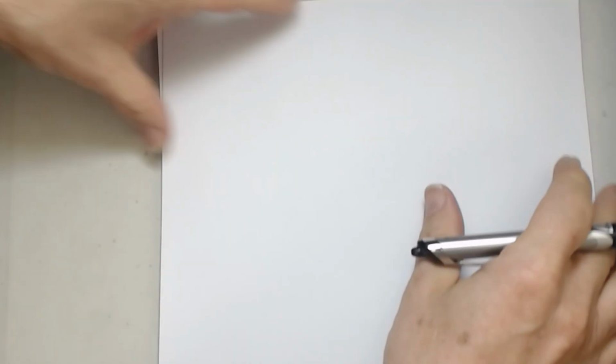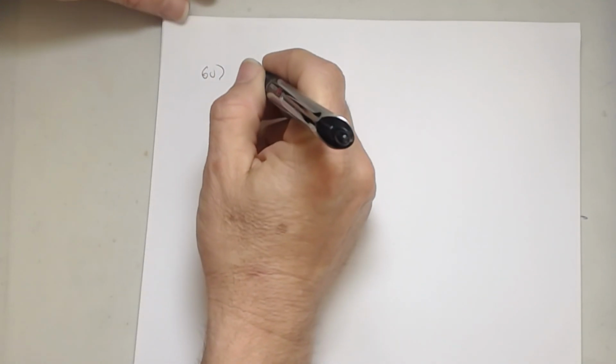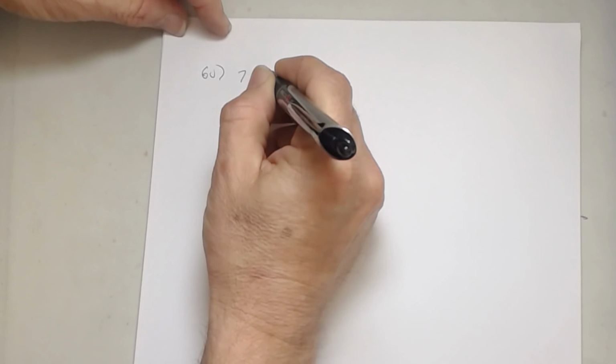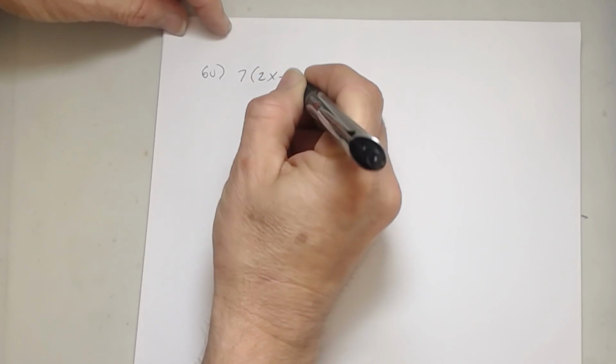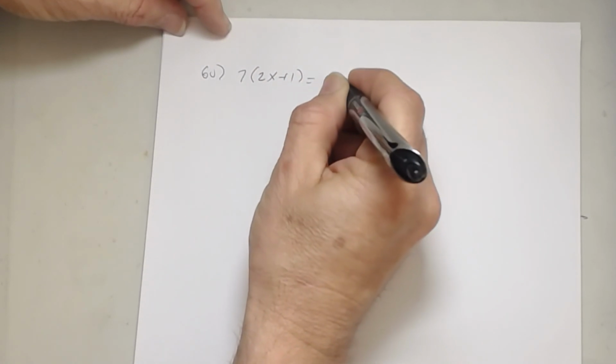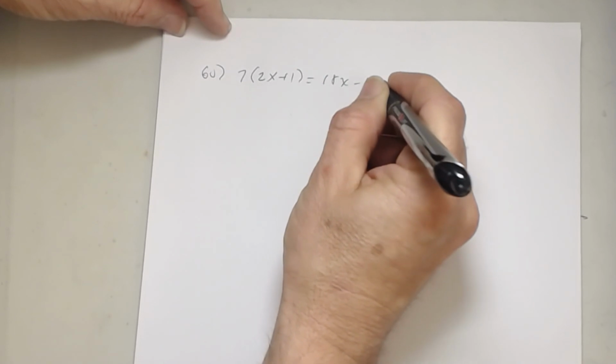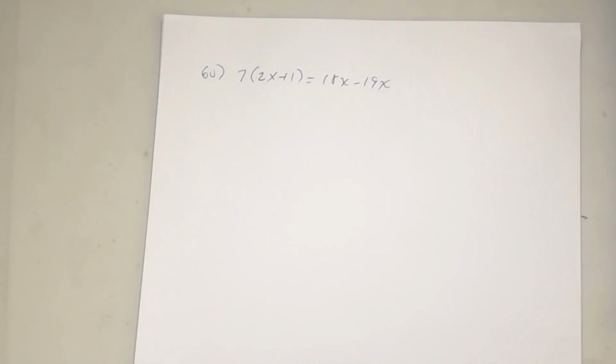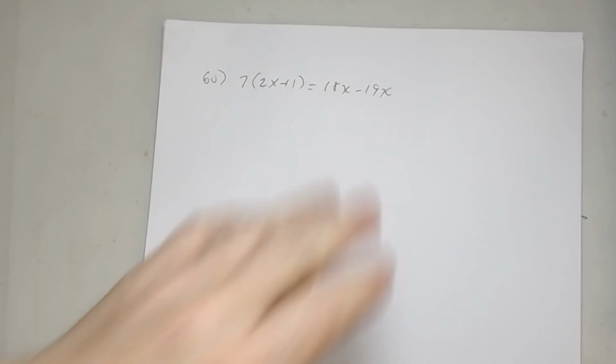The more of these you do, the better you get at it. Okay, 7 times 2x plus 1 equals 18x minus 19x. Is it 18x? That's 18x.